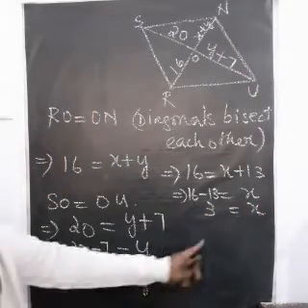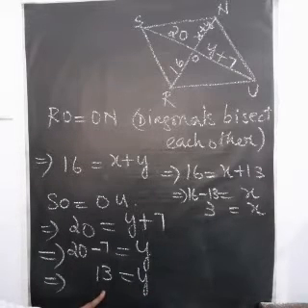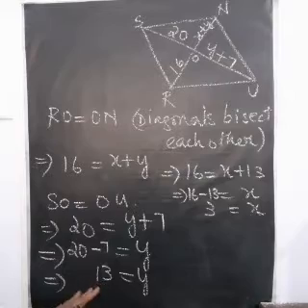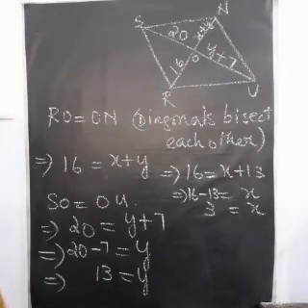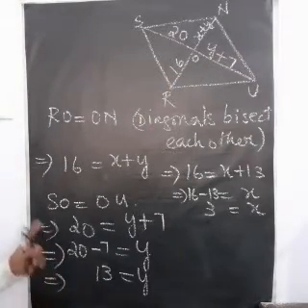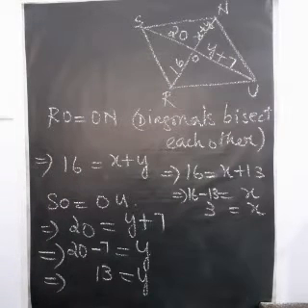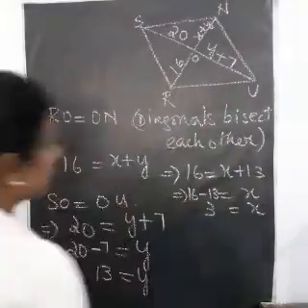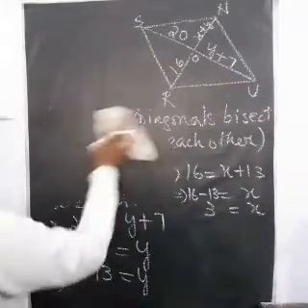So x is equal to 3 and y is equal to 13. Because the diagonals bisect each other, using that property we have found the value of x and y. Have you understood? Okay. Now we'll do one more sum which is important and often asked.